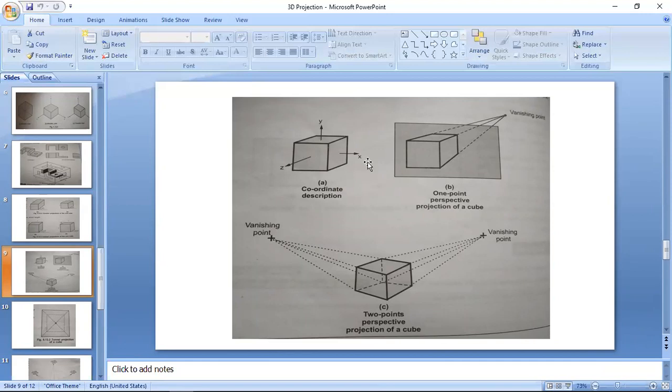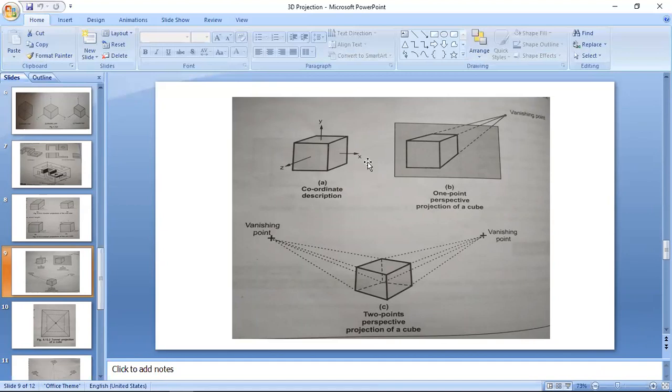Parallel lines will never ever meet each other, right? But when they are not parallel, they can converge to a single point. Okay, and that point is called a vanishing point.